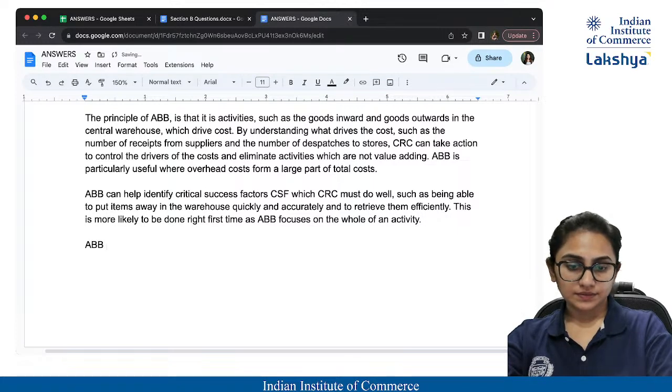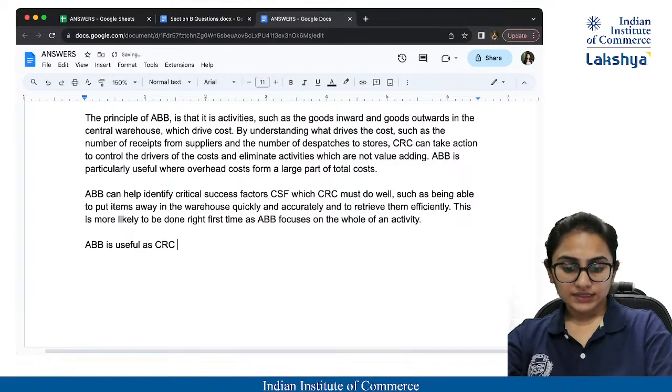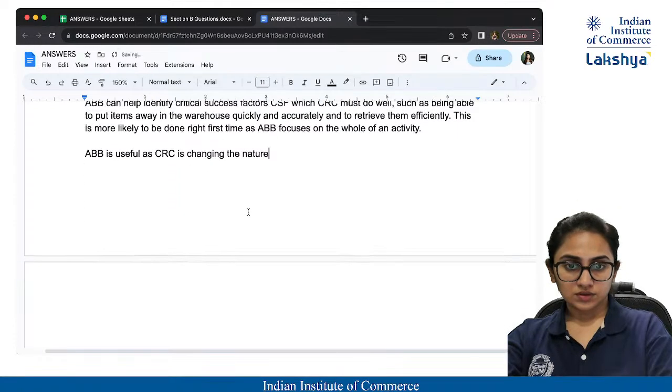ABB is useful as CRC is changing the nature of its operations.